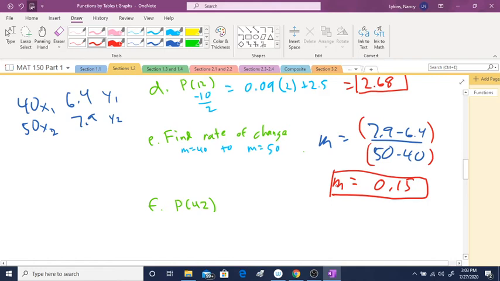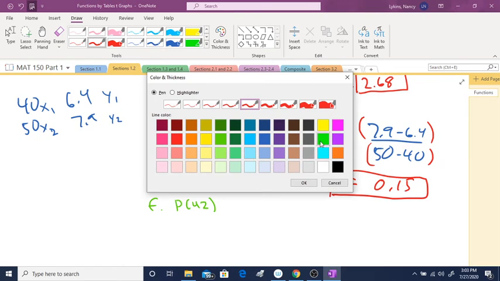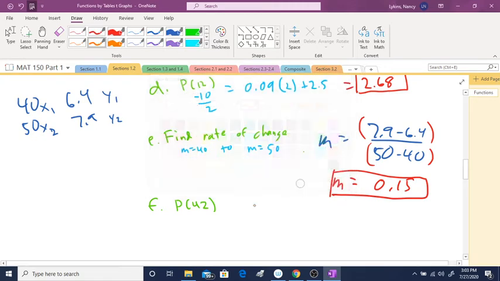So how am I going to put this in relation to the 42? Well, basically what I'm going to do is I'm going to use my slope, or my average rate of change, which is 0.15. I'm going to put in my m. And now, what's my starting one?